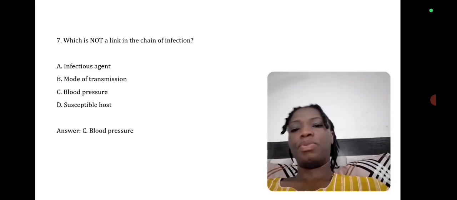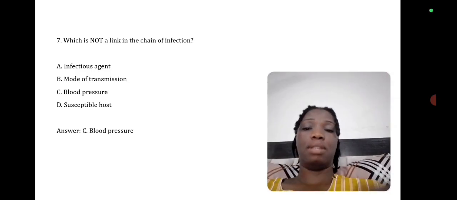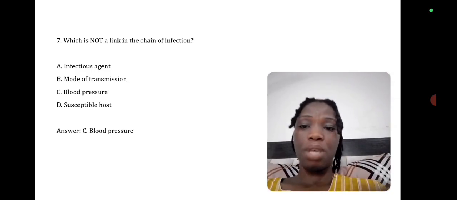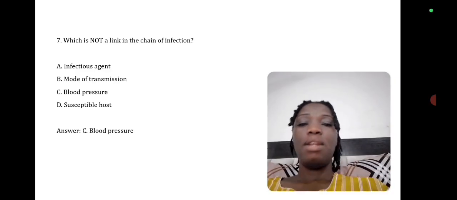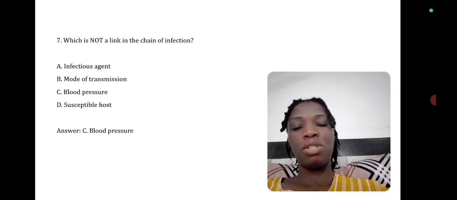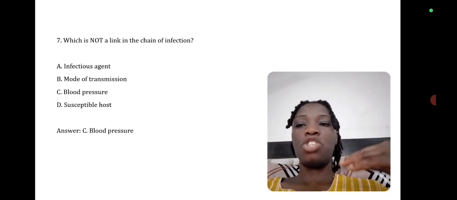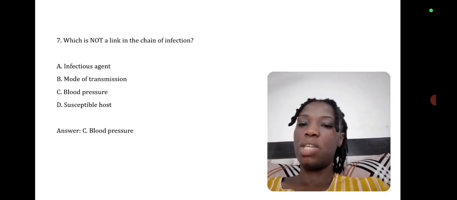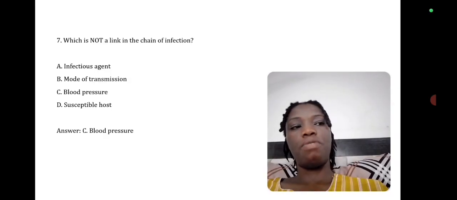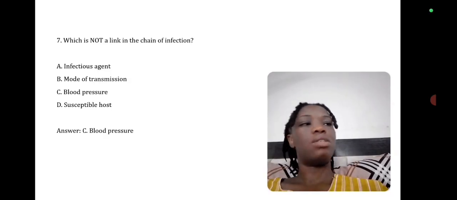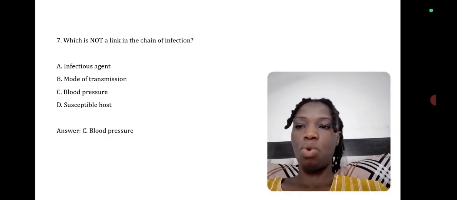Number 5 is the portal of entry: how do they enter the human being that is susceptible? Then number 6 is the susceptible host. So the 6 links are: the microorganism, the reservoir, portal of exit, mode of transmission, portal of entry, and the susceptible host.